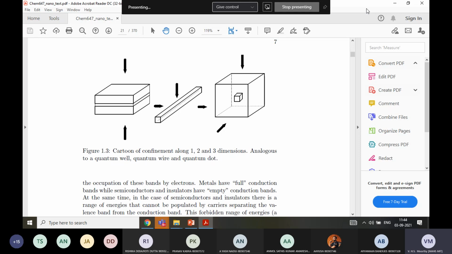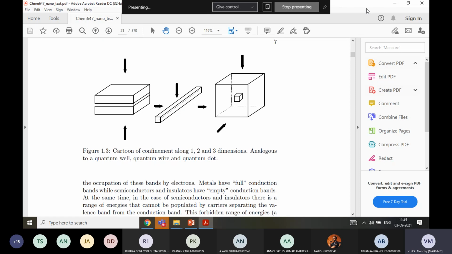That is, what is the length scale by which you can identify a nanoparticle that will exhibit quantum properties, at least in one dimension, maybe not in all three dimensions. That is called length scale.